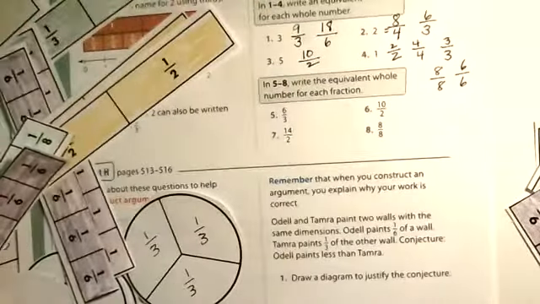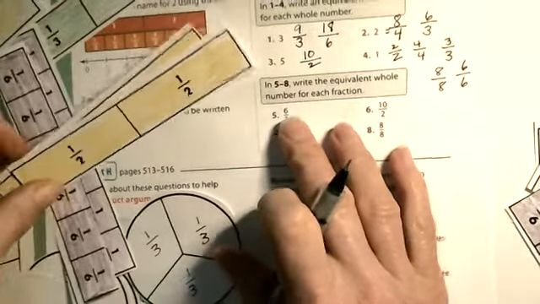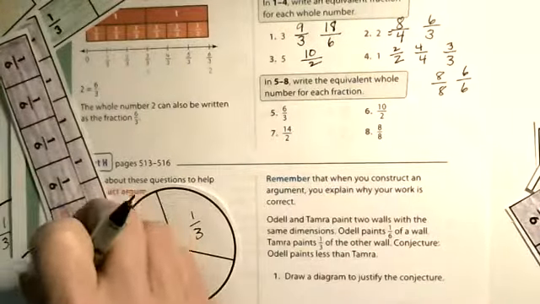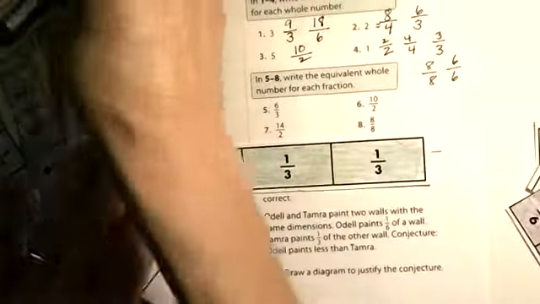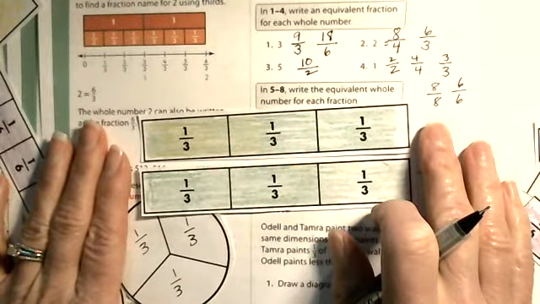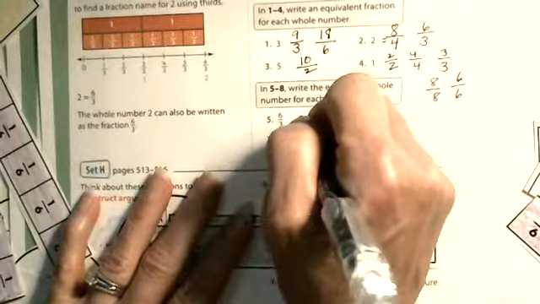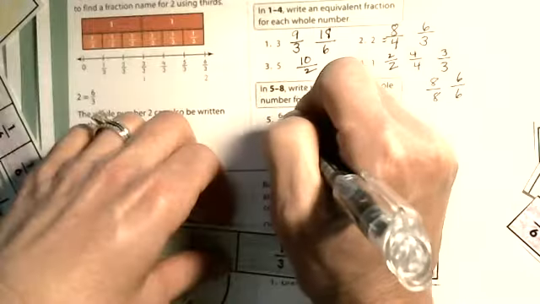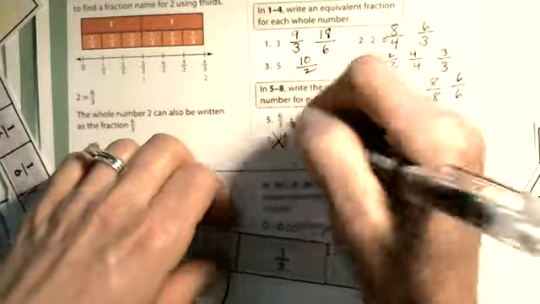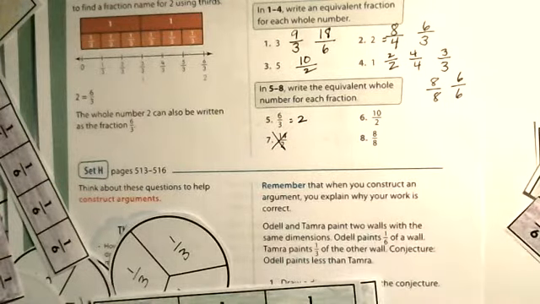Okay, write an equivalent whole number for each fraction. So they have 6 thirds here. So they have 3 thirds and 3 more thirds. So what whole number is that? 2. We're not going to do that one because I don't have that many. 10 halves.